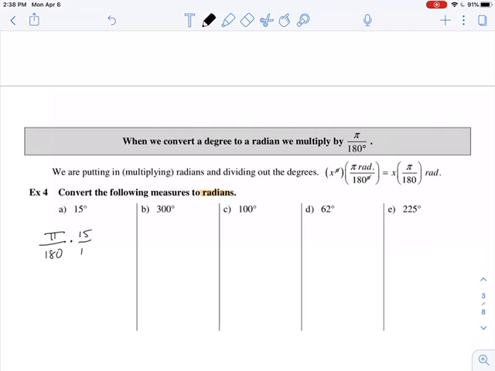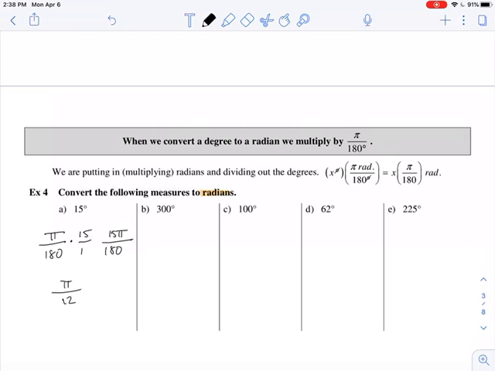All right, and then I end up with 15 pi over 180. And then if you do your math frac or just math to reduce a fraction, you're going to end up with pi over 12.